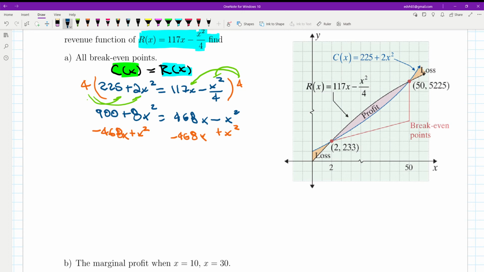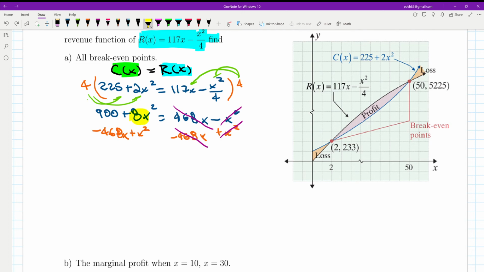So having everything on one side, we get, number one, see how these x squareds cancel and 468x cancel. And the only terms that get added up are this 8x squared plus x squared.